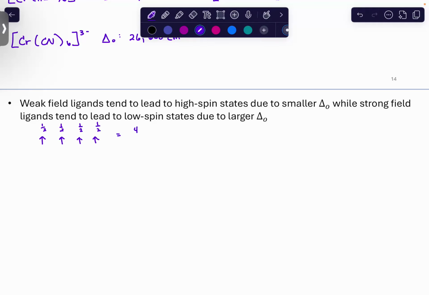That's going to give me 4 halves, or a spin of 2, an angular momentum of 2, versus this, that's going to give me 0. So the left is high spin, the right is low spin. Okay. Word. That actually really clears it up.